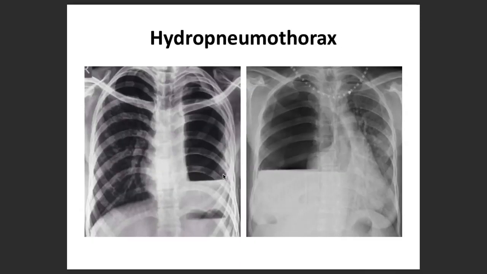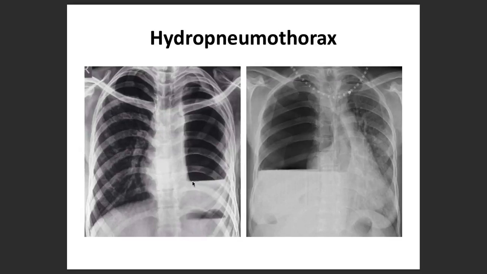Okay, now hydropneumothorax. Come on, try to understand the English. Hydropneumothorax. Any chylous fluid or any kind of fluid in the pleural cavity. Okay, good. But how do you see fluid and air? Exactly. You are able to see not just air, but also fluid as well.